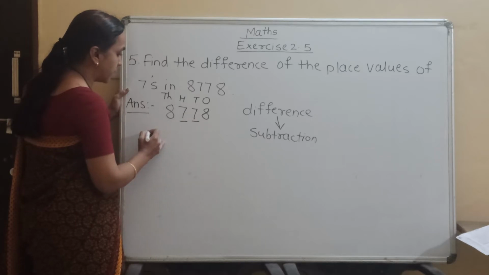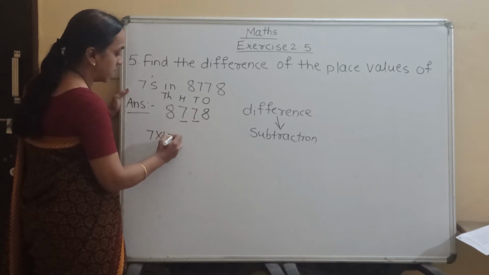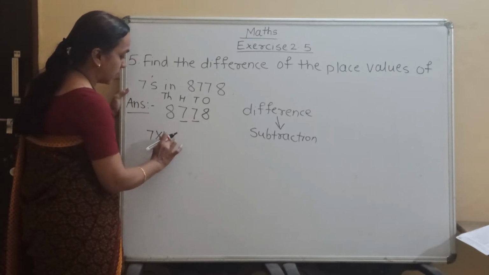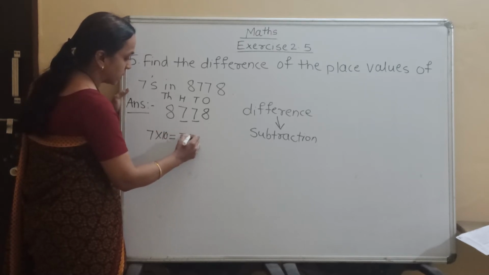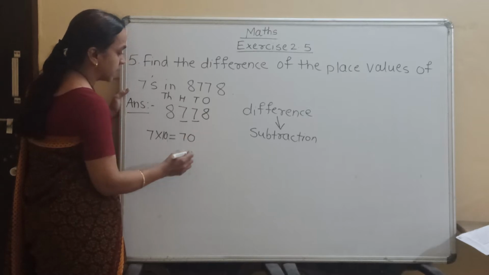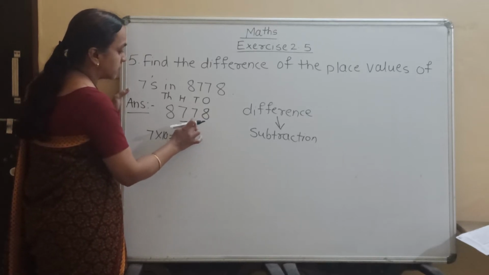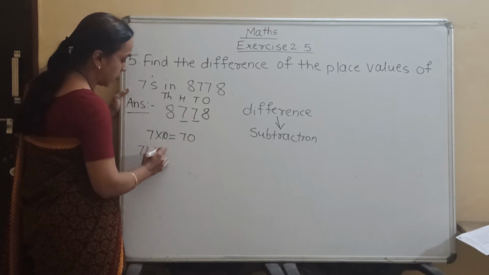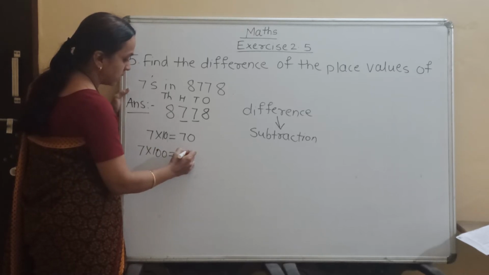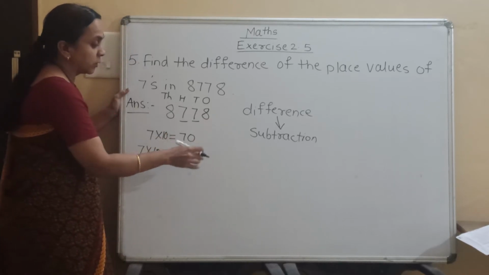So place value of this 7 is 7 multiplied by 10 equals how much? 10 sevens are 70. So place value of this 7 is 70. Then ones, tens, 100. So again place value of this 7 is 7 multiplied by 100 equals how much? 100 sevens are 700.